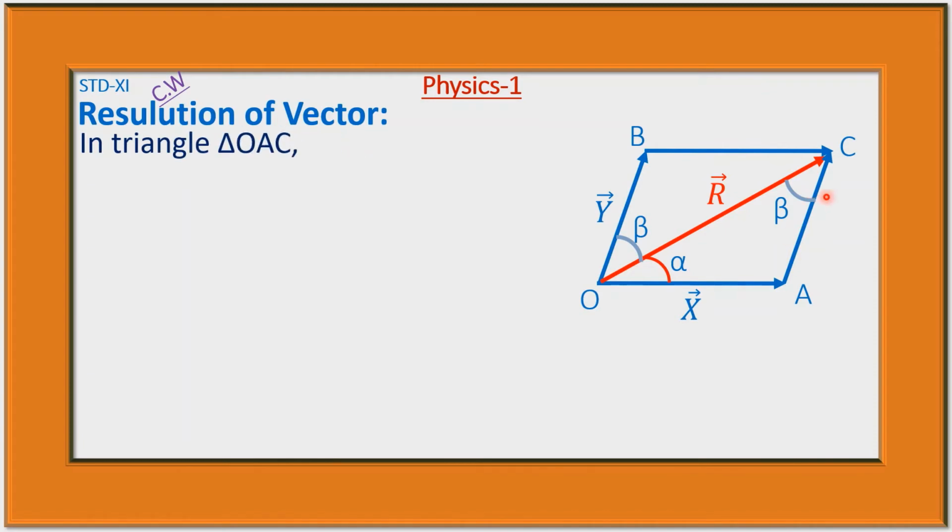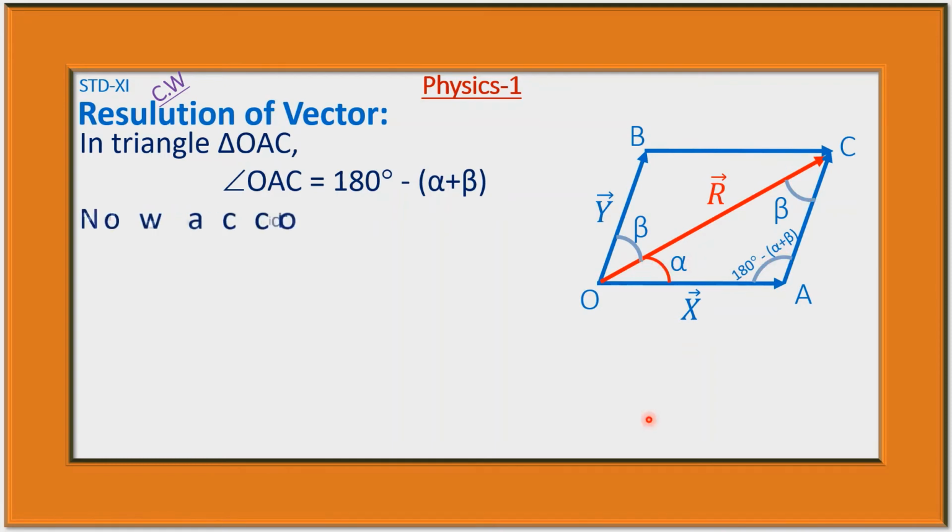In triangle OAC, angle OAC is equal to 180 degrees minus (alpha plus beta), because the sum of these three angles is 180 degrees.